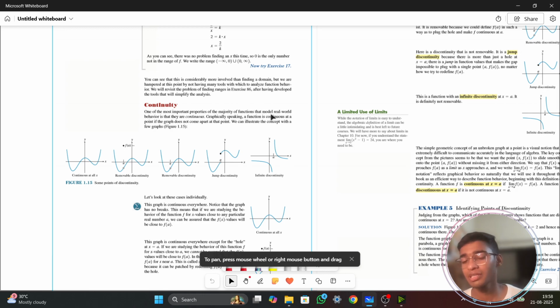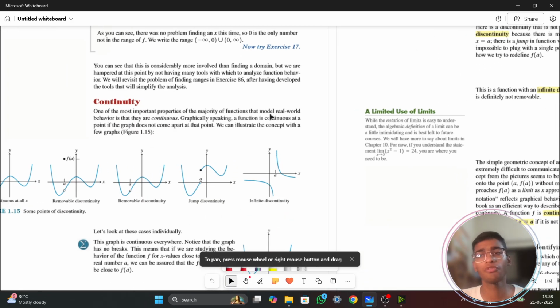We talked about what exactly functions are, that means any mapping from set X to set Y with every element of the domain having a unique image in the range. So this was the definition of functions which we had already discussed in a previous lecture.